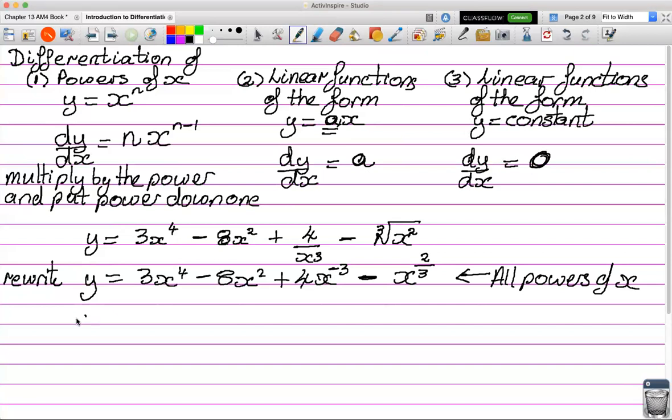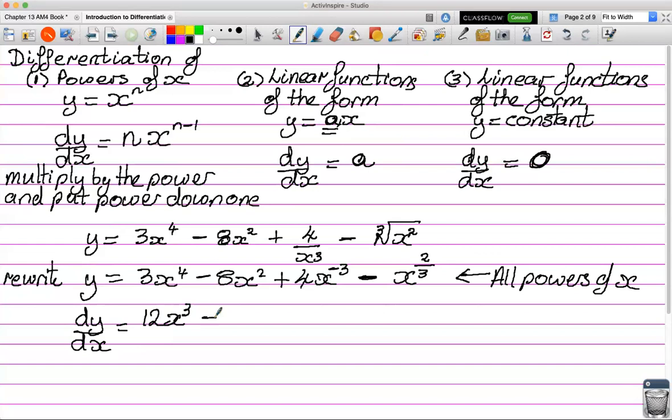So back to where we started: dy dx, because we're differentiating the y, it becomes dy dx. Multiplied by the power, I think we're all good enough now to do 4 3s are 12. Put the power down 1, 3.